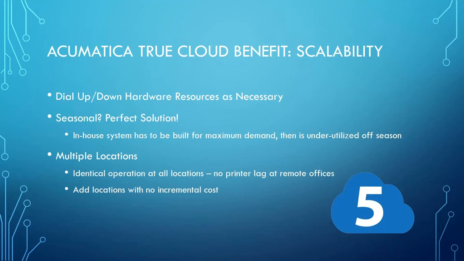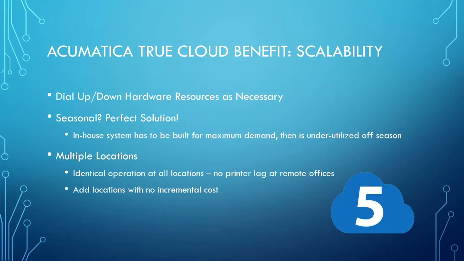Well, on the next slide, we'll talk a little bit about user pricing as well and how that is affected by scalability. With multiple locations, it is identical operation at all locations. When we're taking legacy accounting software, we set it up at one central location and it works pretty good from there, okay? Oh, and now we have this other office and we need to connect them in.